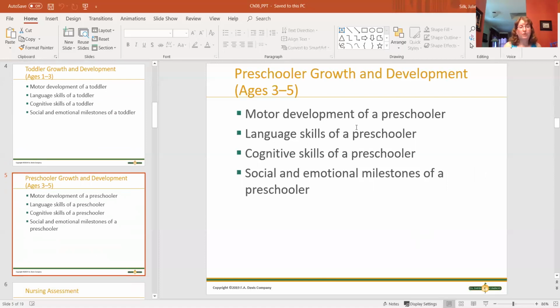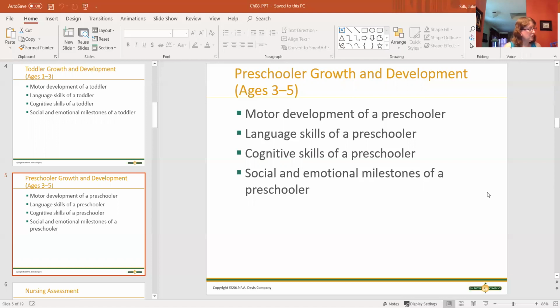All right, so for motor development, most preschoolers are able to dress and undress themselves with assistance at age 3. They can go up and down the stairs without assistance at age 3. They can draw squares, circles, and later triangles at age 3.